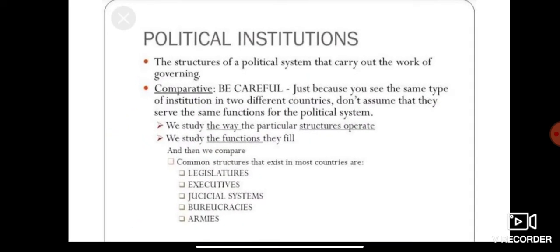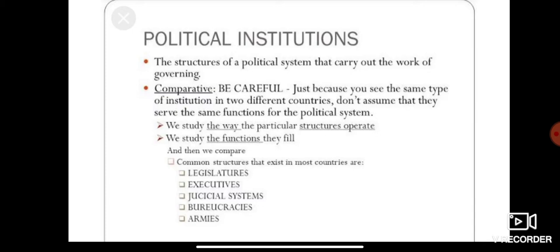Now see, the structure of a political system carries out the work of governing. Since this is comparative, you need to be careful. Just because you see the same type of institution in two different countries, take the example of Pakistan and India, or India and United States, don't assume that they serve the same function for the political system, because the structure of government is different in both countries.